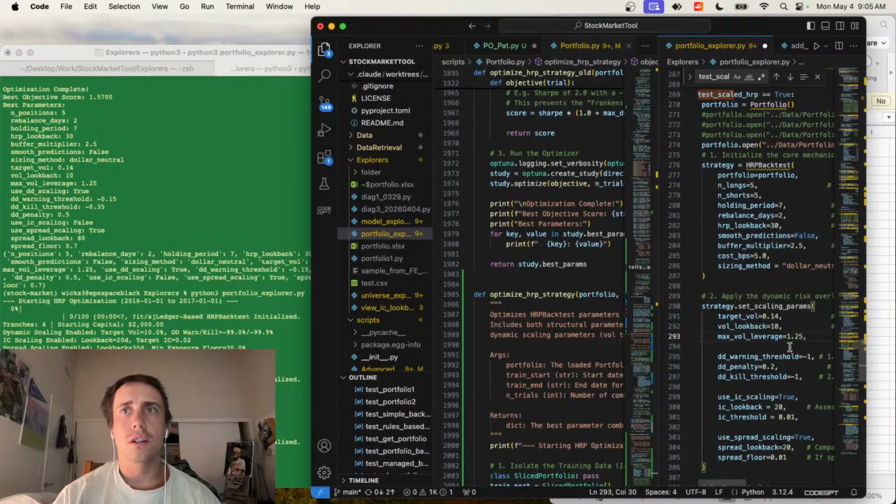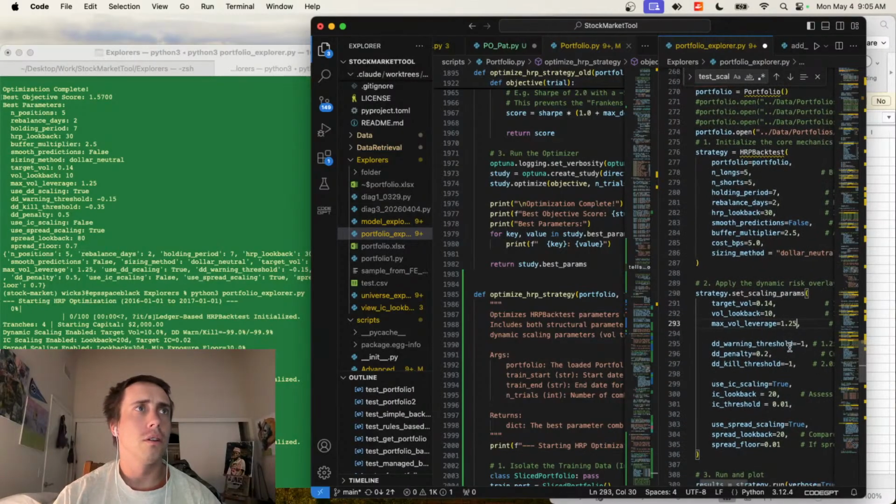Use DD scaling true. DD warning threshold, minus 0.15. DD penalty, DD kill threshold, minus 0.35. Oh, penalty should be 0.5.